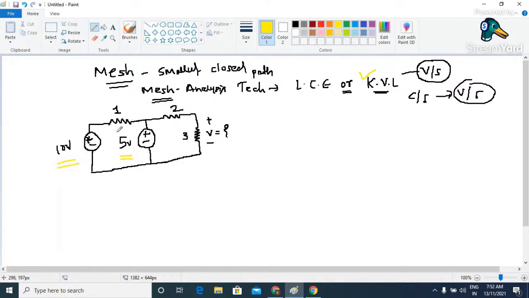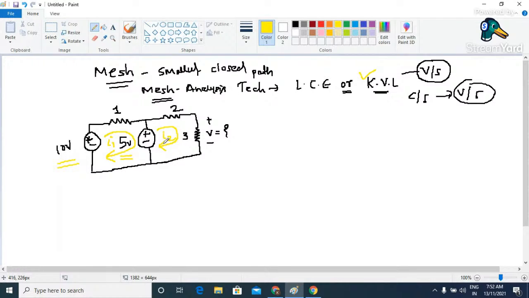First, we need to assume the value of current flowing through this circuit. Let's consider the current flowing through the first mesh is I1 in clockwise direction, and the current flowing through the second mesh is I2, again in clockwise direction.